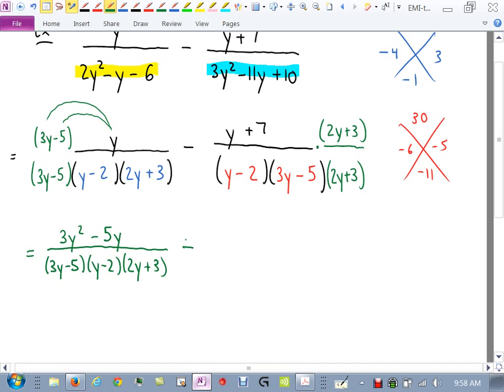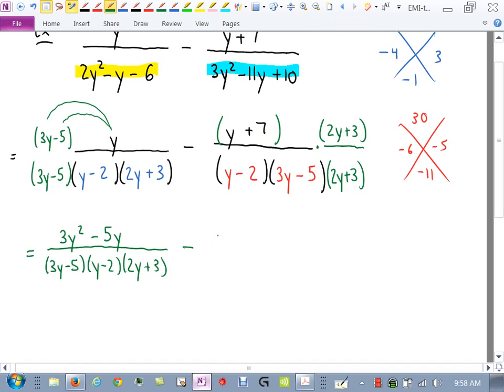Then minus, over here, what do you think we need to do on the right side? Multiply this out. How many terms do I have right here? How many terms here? 2. So if I have 2 and 2, this is a binomial times a binomial. So I want to do that foiling thing, or expanding it. So I want to do y times 2y, y times 3, 7 times 2y, 7 times 3.